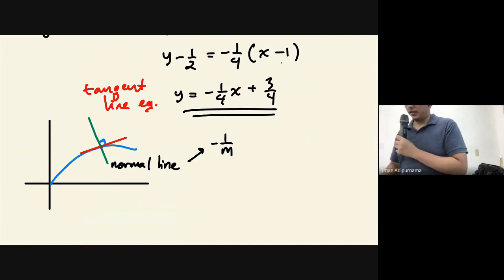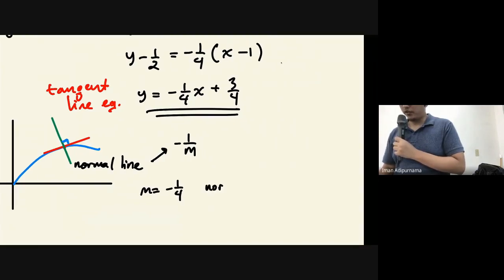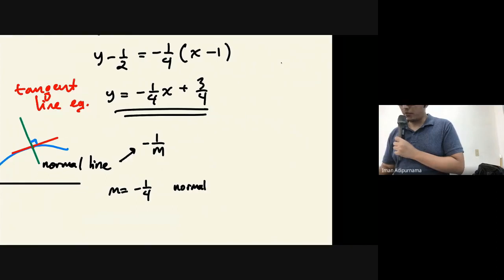So if your gradient is -1/4, your normal gradient is 4.